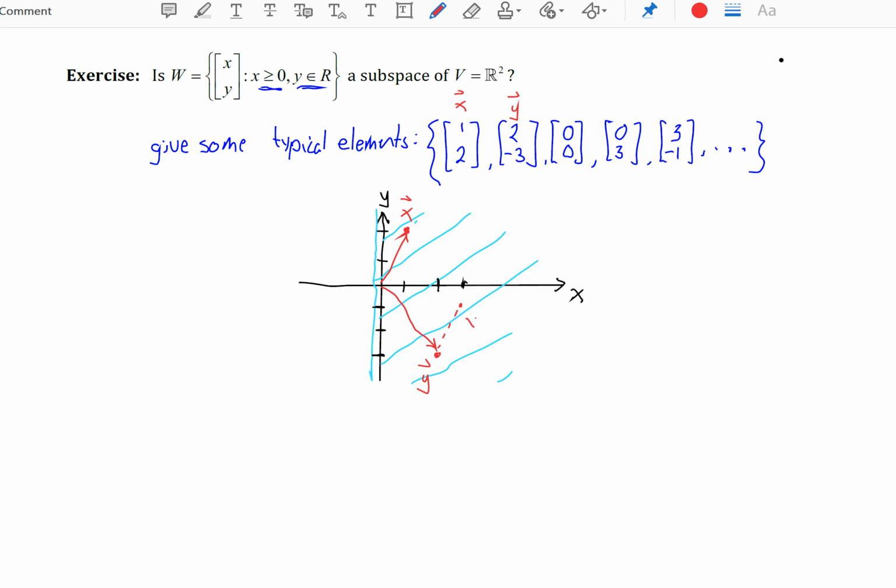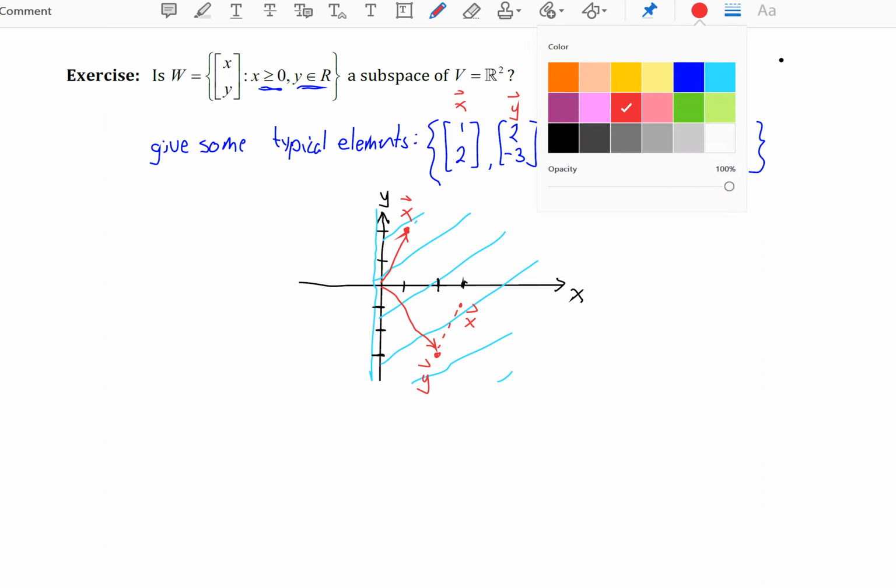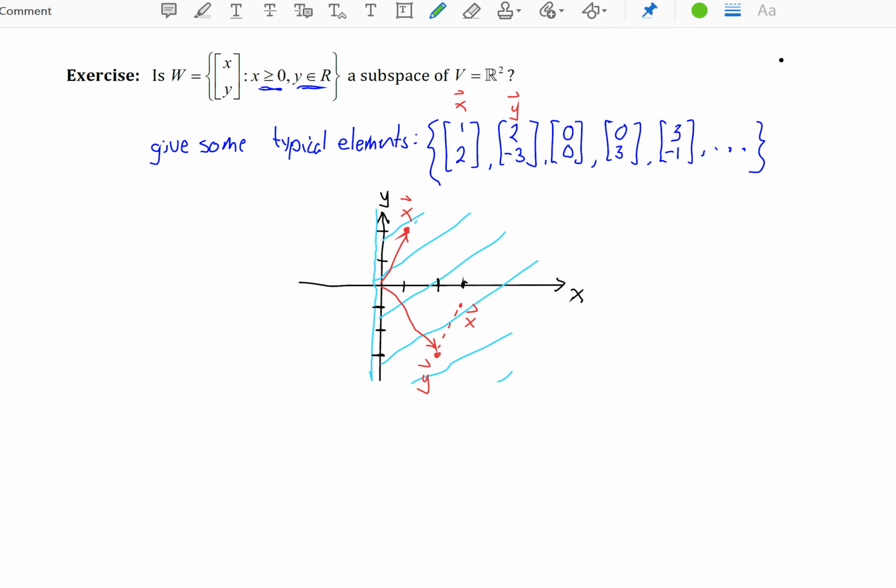This is still the same vector x. And so the vector sum x plus y would be this green vector. Notice that this vector sum stayed in the plane.